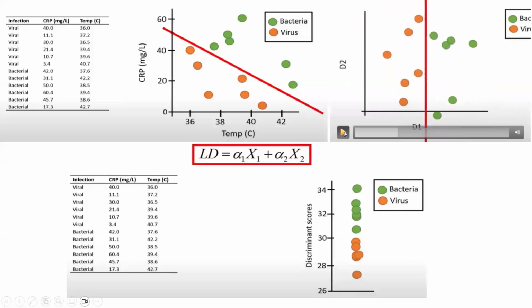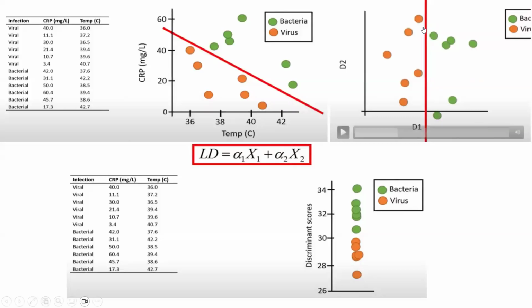Now we got two dimensions. These are called discriminant scores: D1 and D2 are called discriminant scores. What we are trying to do here is find the discriminant scores along different axes. If you look at D1, it is able to separate both the classes.